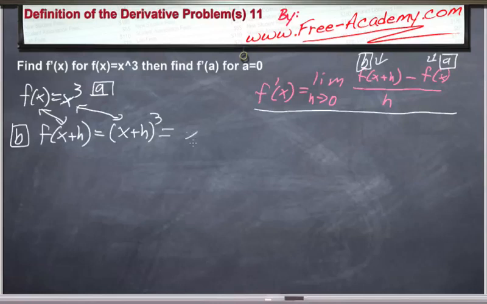This will be equal to x to the third plus 3x squared h plus 3x h squared plus h to the third.